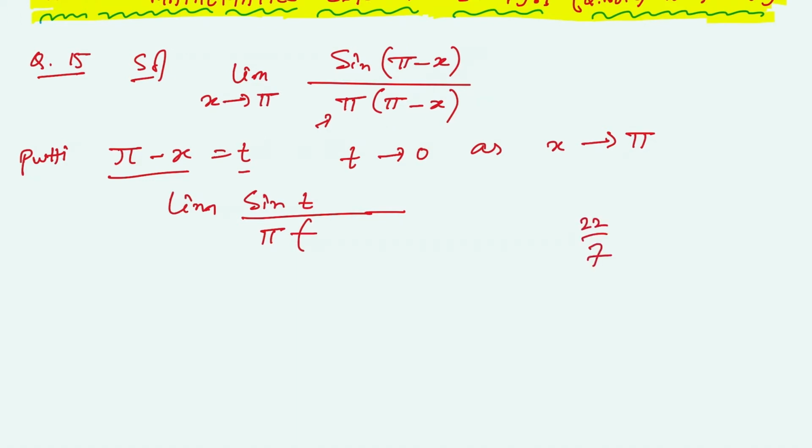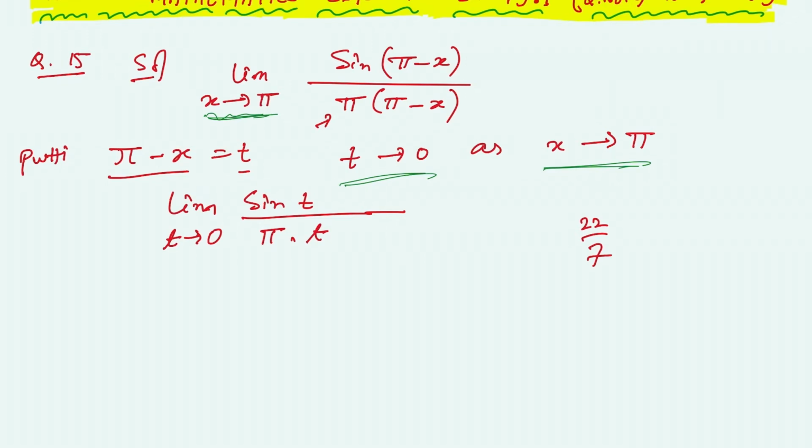So pi into t, with t tends to 0. Here we have x tends to pi, and we know that as x tends to pi, t tends to 0. That's why we have to replace x tends to pi by t tends to 0 as soon as we replace pi minus x by t.